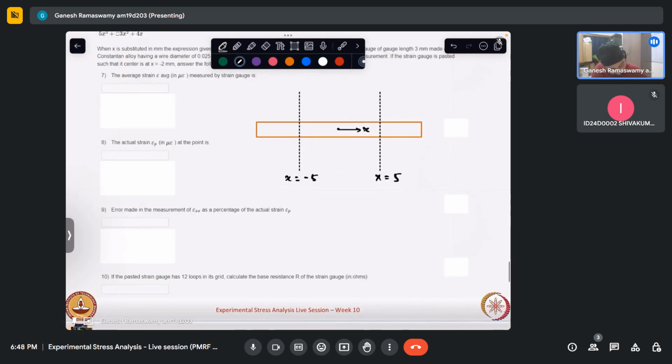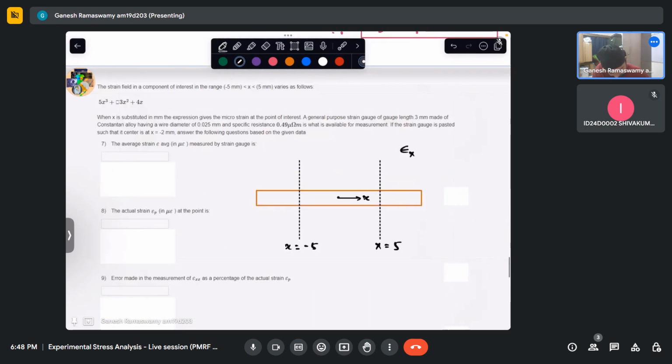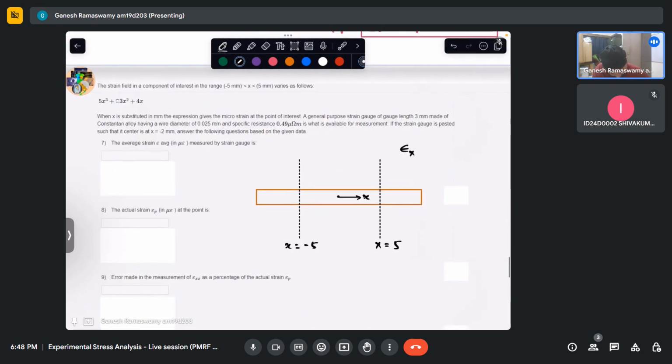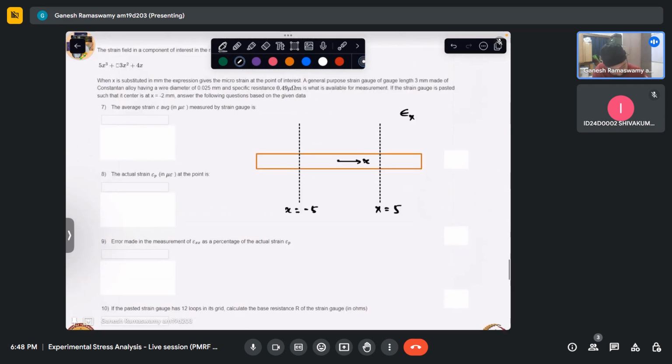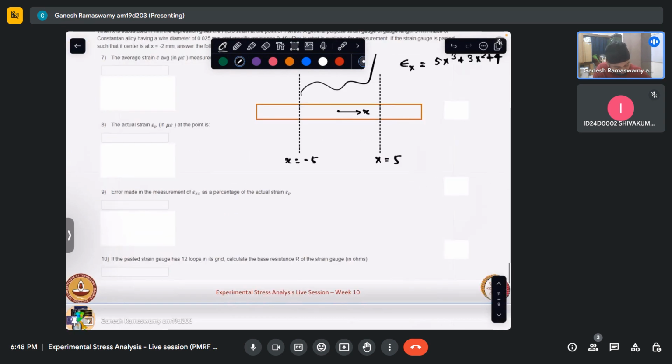We have the strain in the x direction. It is not given as epsilon x, but I'll take it as epsilon x, which is given as a function of x alone, 5x cubed plus 3x squared plus 4. So it has some cubic variation here.